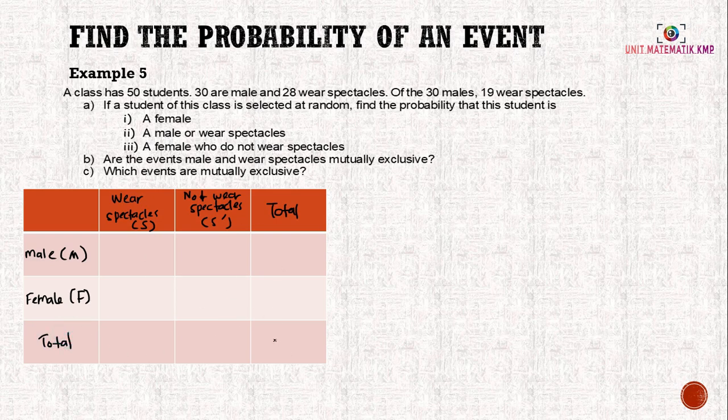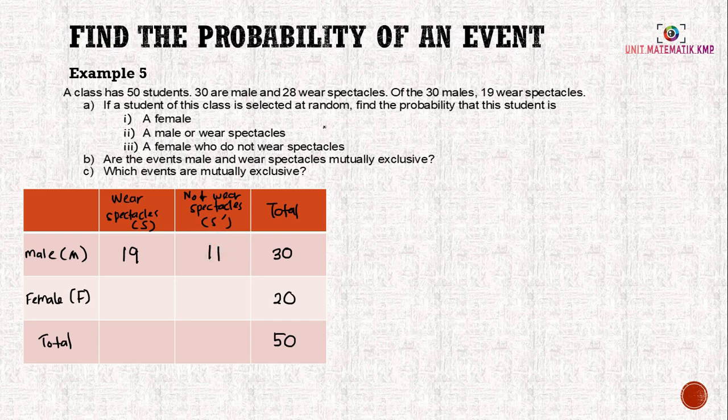So we complete the table. So a class has 50 students, so 50 here, the total, and 30 are males, so the total of male is 30, so we can get the total of female 20 by subtracting lah. Okay, of the 30 males, so daripada 30 orang lelaki ni, 19 wear spectacles. So kita tolak untuk dapatkan not wearing, which is 11.